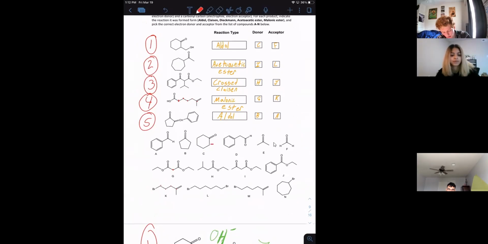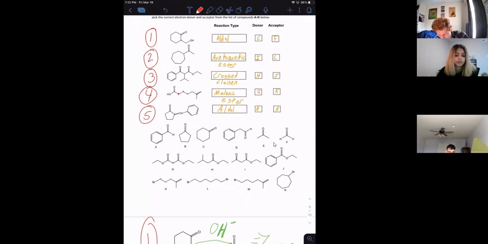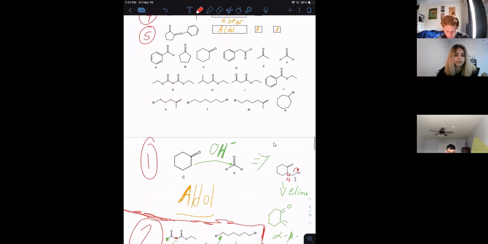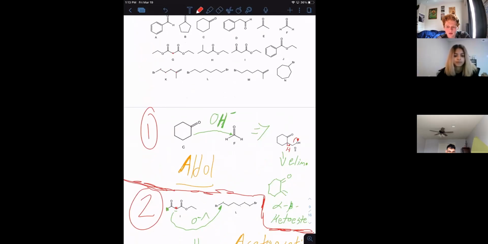And then all that you've got is just like one carbon over from this bad boy is your carbon with a hydroxyl. And so a good carbon with just a hydroxyl would be F. And so that'll be your acceptor. And so basically you're going to do an aldol. And then basically only one reaction away from that, you will be eliminating it.